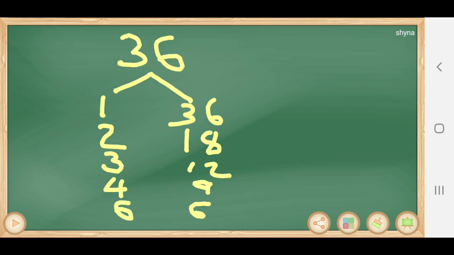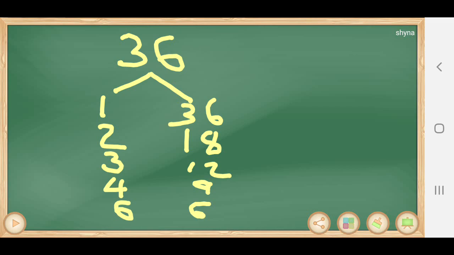So, once more you do like this, it is easy to remember. 36: 1, 36; 2, 18; 3, 12; 4 into 9, 6 into 6. I think you have completed.